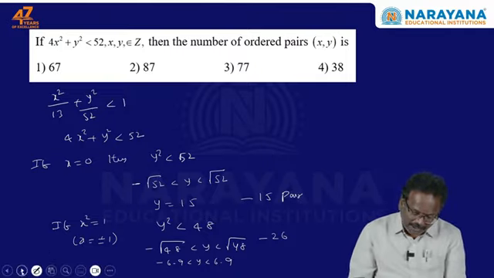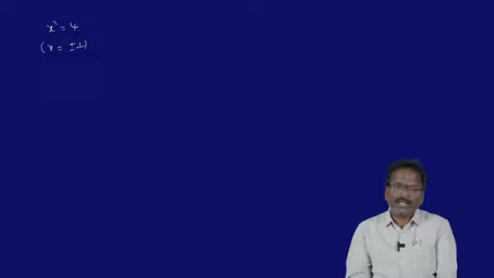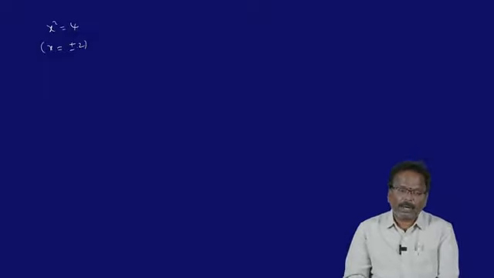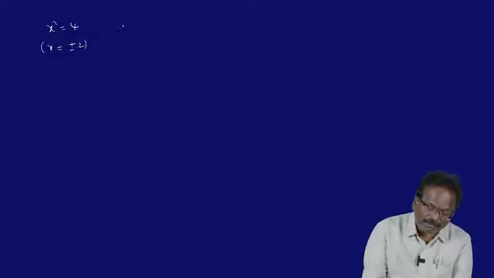Now take x square equal to 4. X square 4 means x is plus or minus 2. If x is plus or minus 2, how many integral values are possible for y? So 4 into 4 plus y square less than 52. So y square less than 36.